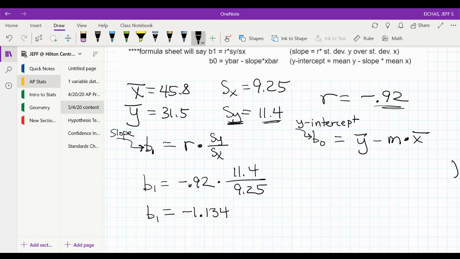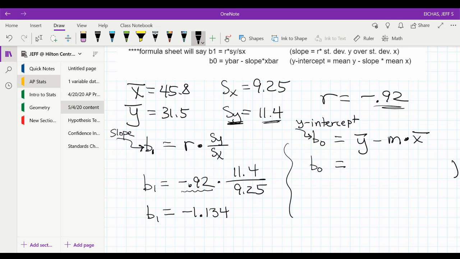It is important to understand that the correlation coefficient has to have the same sign as the slope. Standard deviations are always positive, so that's how you get a positive slope or a negative slope. All right, so b sub 0 is the y-intercept.